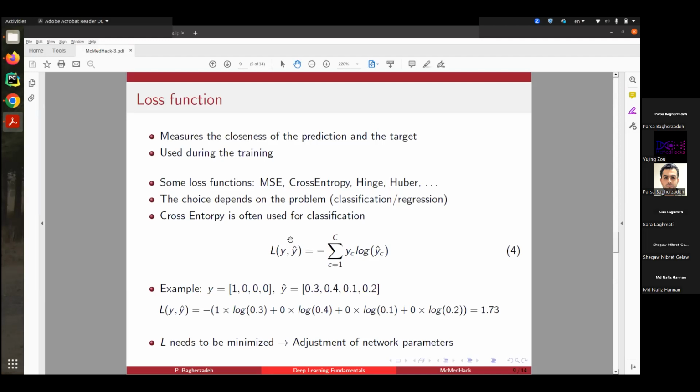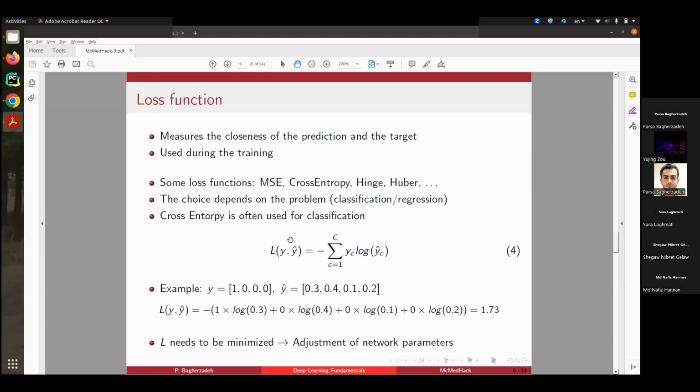So we need to use loss functions. So what is a loss function? A loss function basically measures the closeness of the predictions that we had and the target that we want. Okay, because you might give an image of a brain scan to your model, and the model might predict no tumor found. But the point is that there is a tumor inside this image.